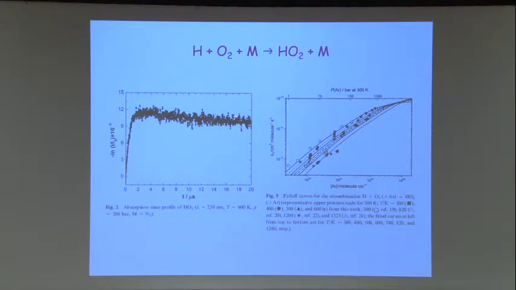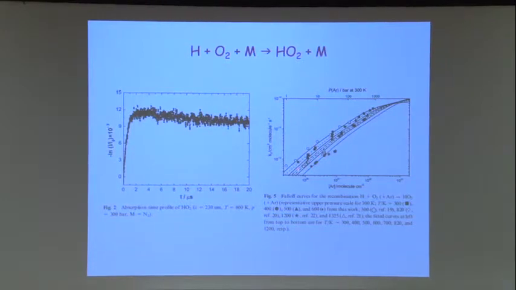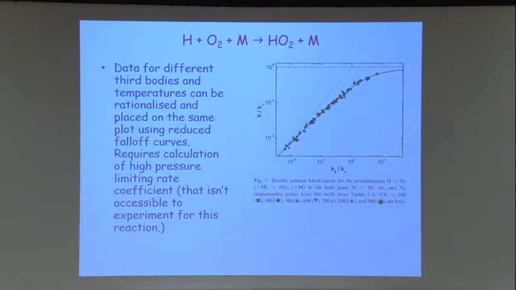They're detecting the HO2, and there's the production of it. These are different temperatures and different pressures. And you can see that it's no longer linear in argon, but it's beginning to approach the high pressure limit. It's still a long way off, but beginning to approach it.